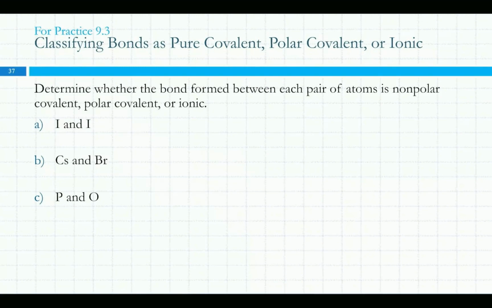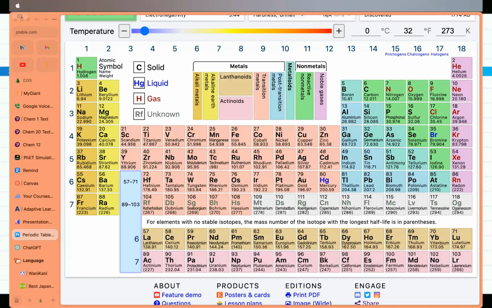So I'm not going to pull up the table for this, except for maybe the last one. But we can take a guess just based on the periodic table. If we've got bonds forming between iodine and iodine, is that going to be nonpolar covalent or ionic? Nonpolar. What about cesium and bromine? Where's cesium on the periodic table? Far left on the bottom. So it's a metal. We can use previous knowledge here too.